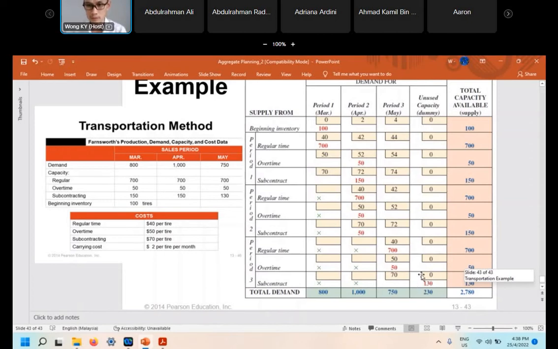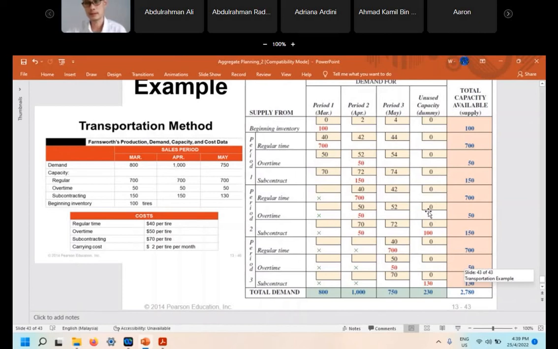You don't have to use it. Okay, and if I go up here, this place also there is an unused capacity of 100, right? Because I only use up 50 here. So it means the balance 100, you can assign it over the dummy column, which represents unused capacity.